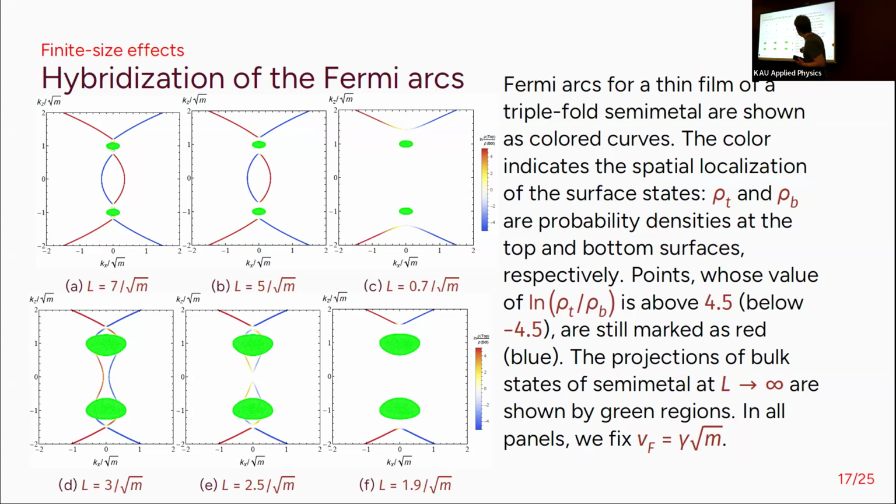Also you can see localization of states, and mostly, as you see, even for thin films, the surface states are localized on the top or on the bottom surface. There are mostly no parts of these arcs where they are not red or blue.